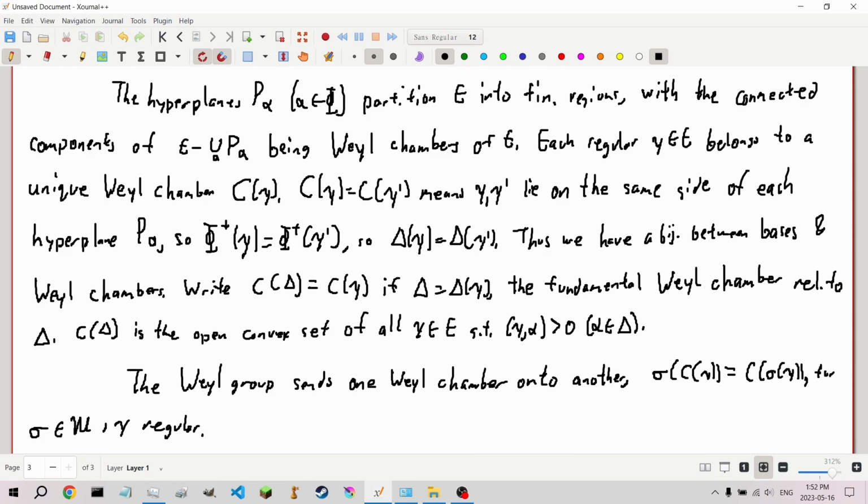We also see that the Weyl group permutes bases, with sigma sending a basis to another base, sigma of delta.